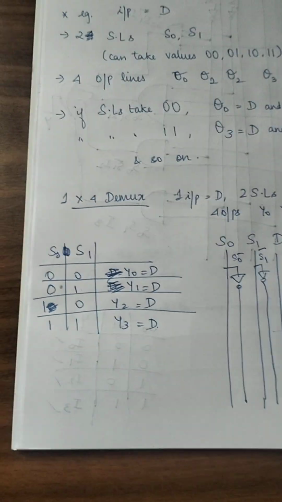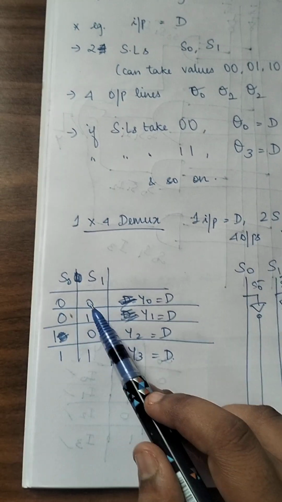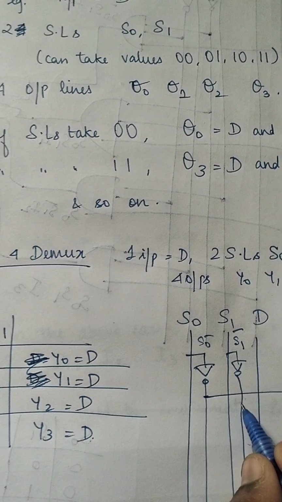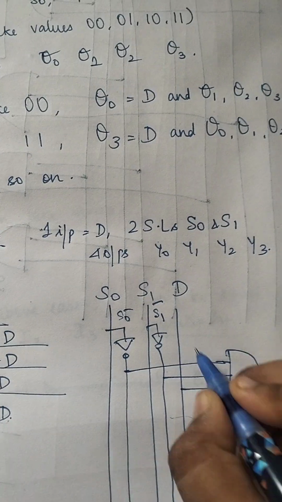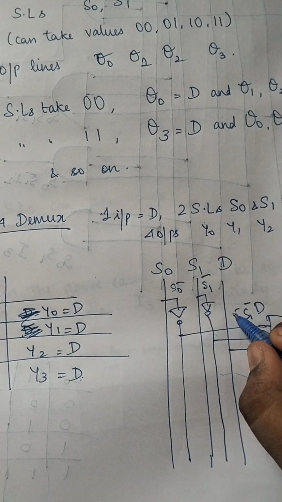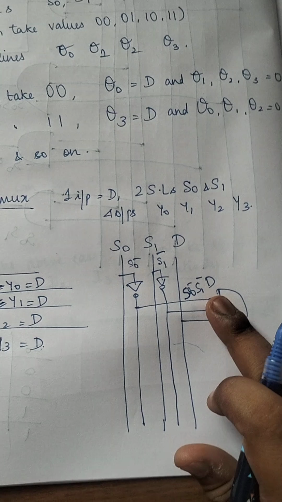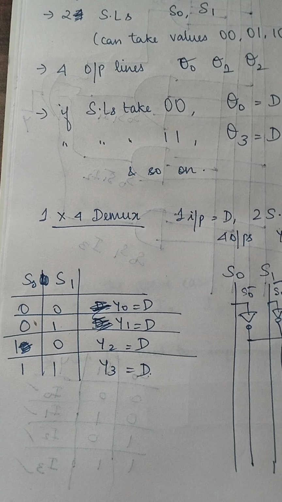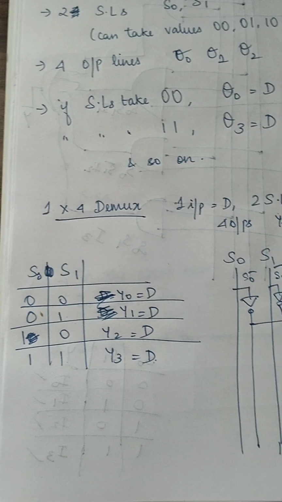So when I do this on paper and show you guys an example, it will be better to understand. So here we have S0 taking 0 and S1 also taking 0. So we will take S0 dash, S1 dash, D. Now if you calculate the different possible combinations of values this expression can take, you will notice that when your S0, S1 are both 0, this final expression is going to give you D, and in any other case it will be a 0, which is exactly what we want.